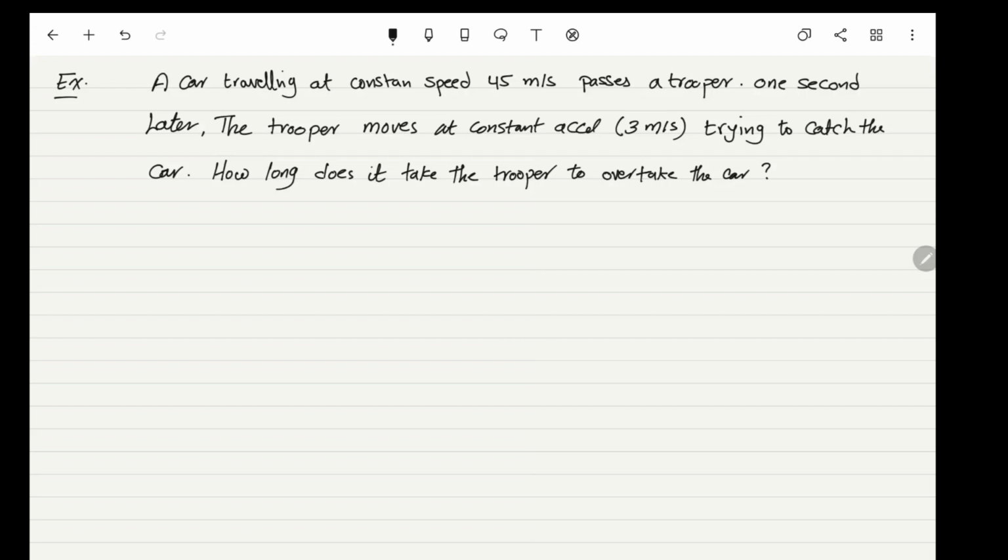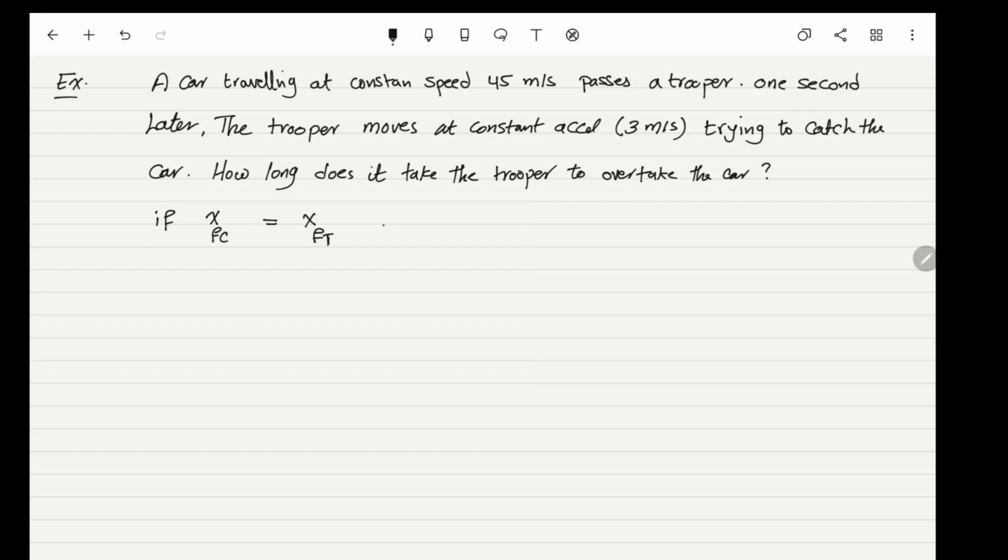To answer this question, when the car and the trooper both have the same distance, they will catch up with each other. So if x final for the car is the same as x final for the trooper, then they will catch up with each other.